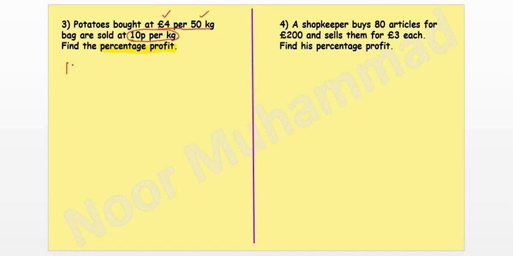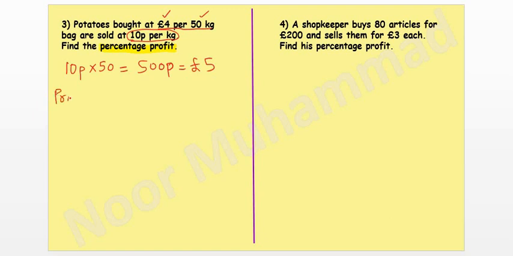So first of all you have to multiply these 10 pence by 50 to know the total selling price, right? So 10 times 50 will give us 500 pence. That is equal to actually 5 pounds, because 1 pound has 100 pence. So 500 pence will give us 5 pounds. So what is the profit?